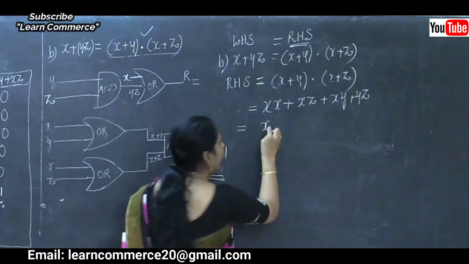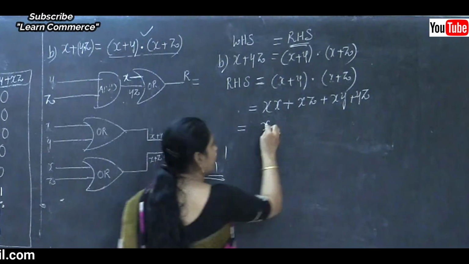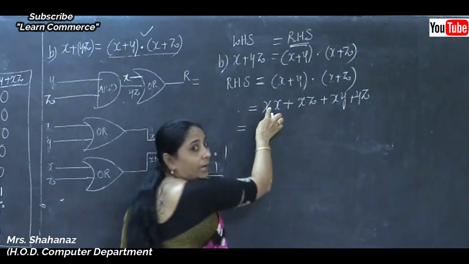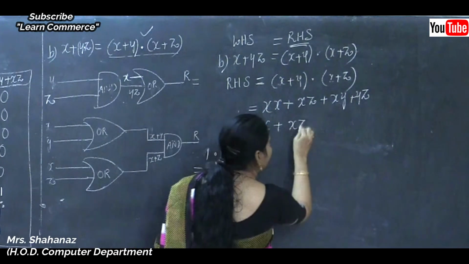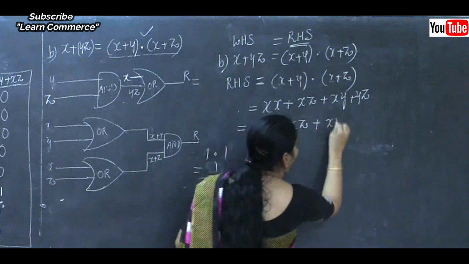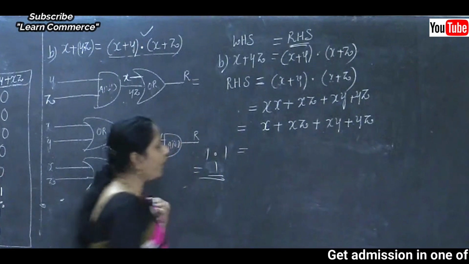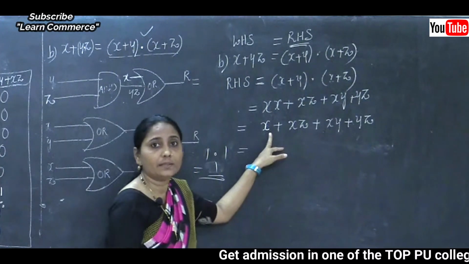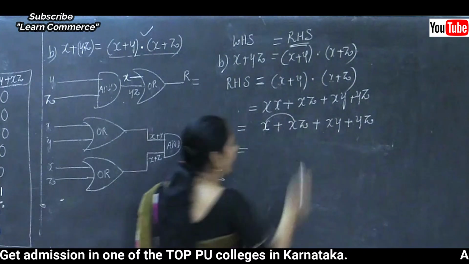So we just need to write x. Clear this point here? X. So we can say that therefore x and x is equal to x only, plus xz as it is, plus xy plus yz.